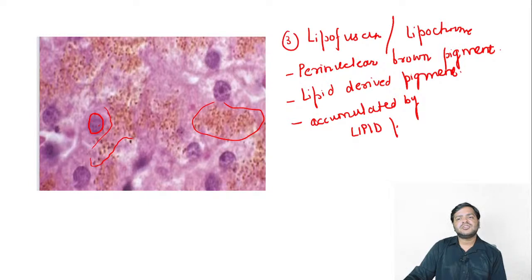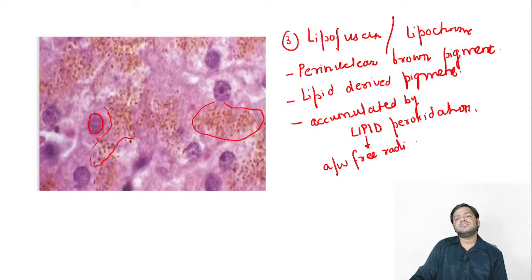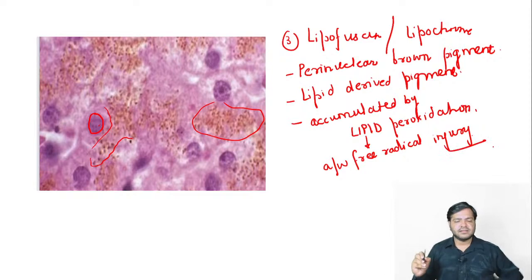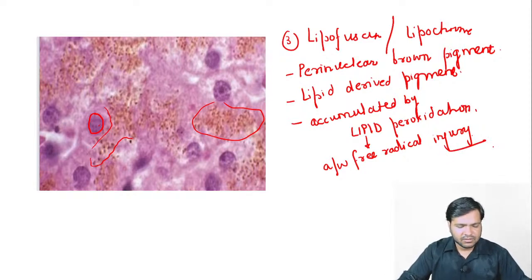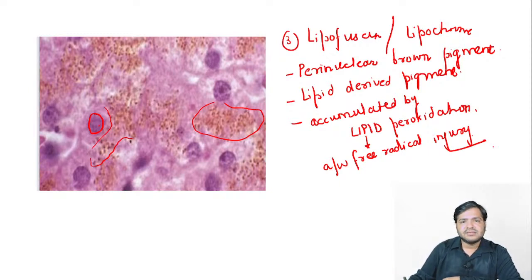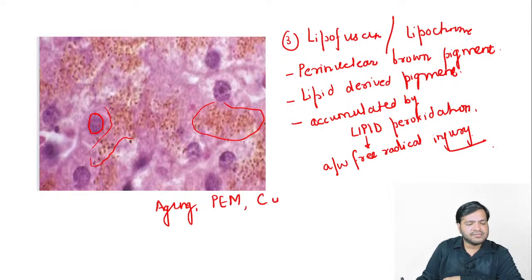It is accumulated by lipid peroxidation. And remember that lipid peroxidation is associated with free radical injury. So it is seen in aging, protein energy malnutrition, cancer.